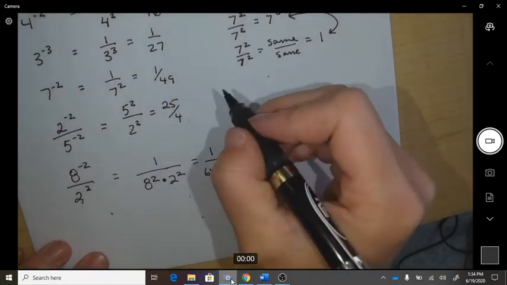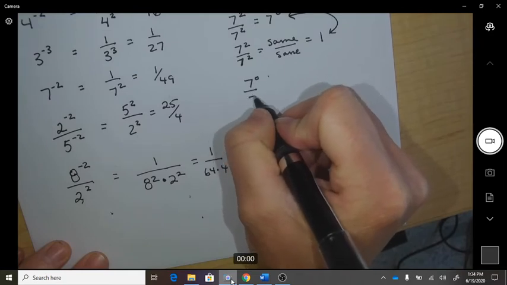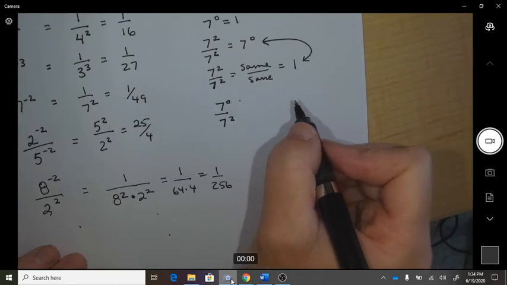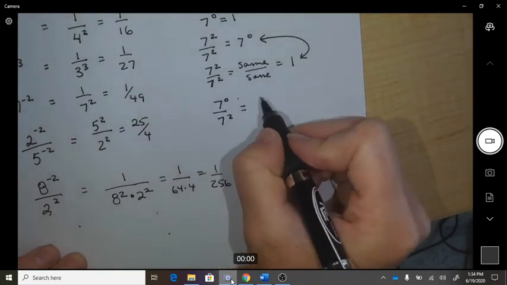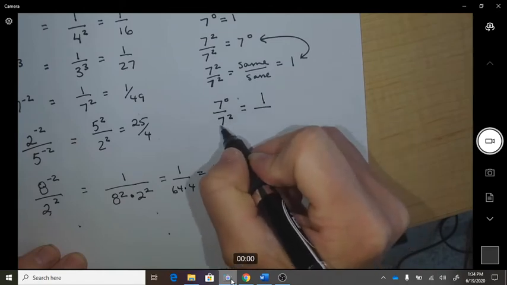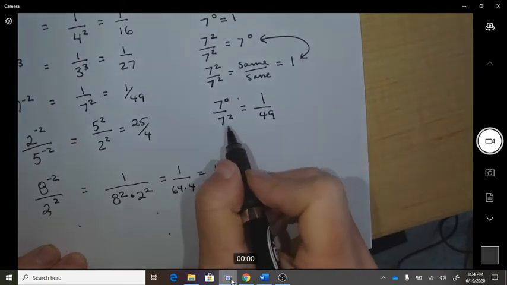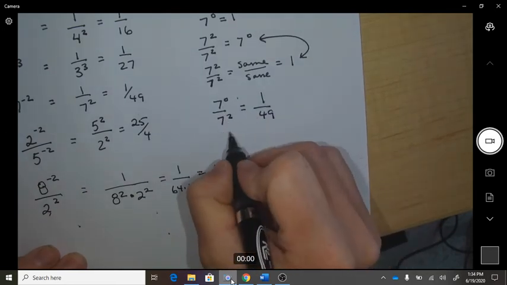Okay, so let's talk about this. 7 to the 0 over 7 squared. If I think about just evaluating it, 7 to the 0 is 1. 7 squared is 49. So just evaluating the top and the bottom, it's 1 over 49.